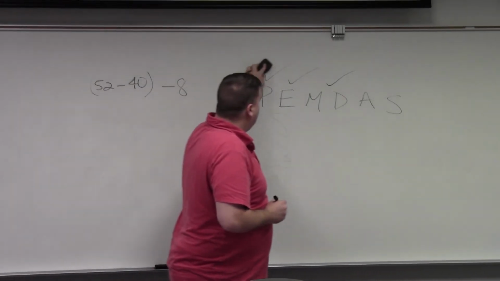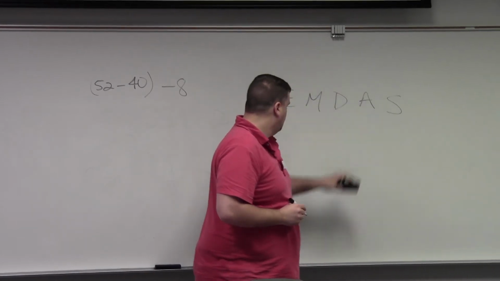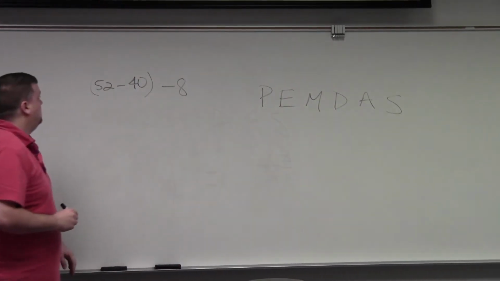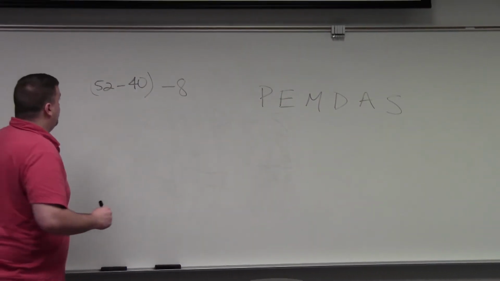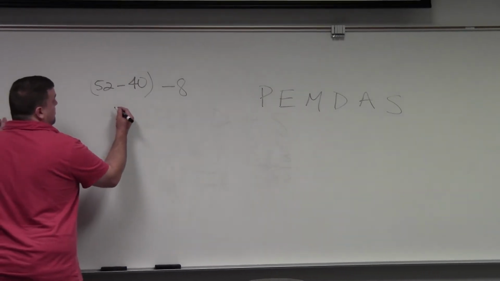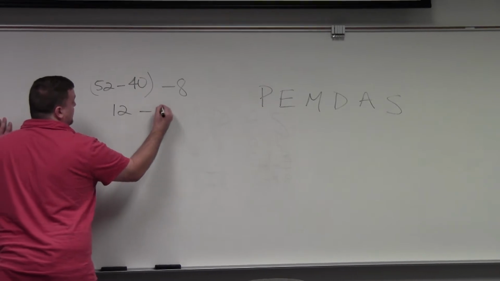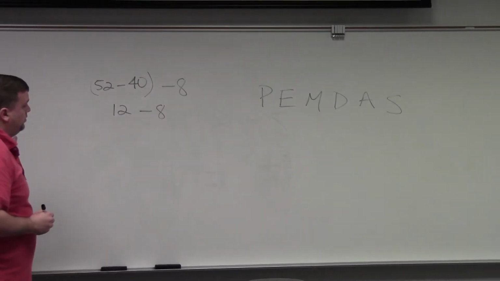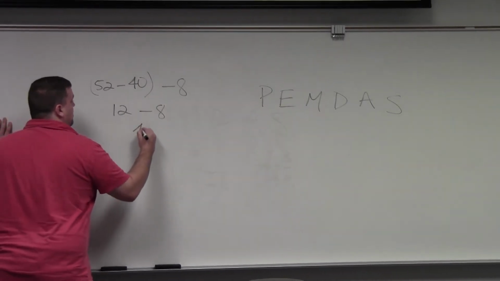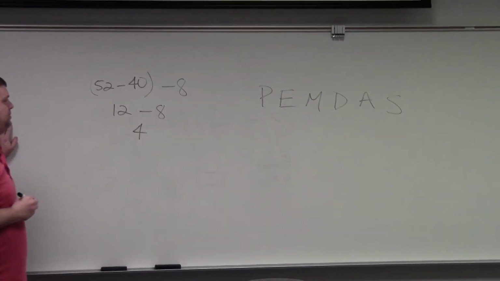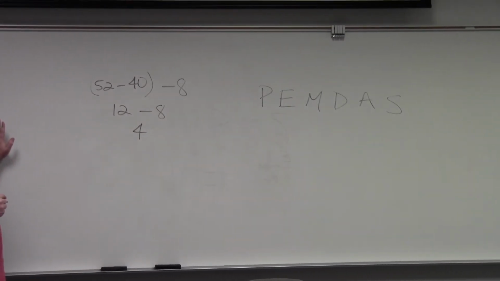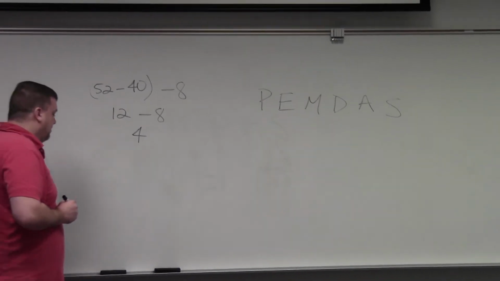We have to take care of the parentheses first. So we have to take care of that 52 minus 40. And what do we get there? 12. And we still have that minus 8. 12 minus 8 is 4, correct. All right, so even though we have the same numbers, notice how the parentheses change the value of the answer, right? So it makes a difference what order we're going in.